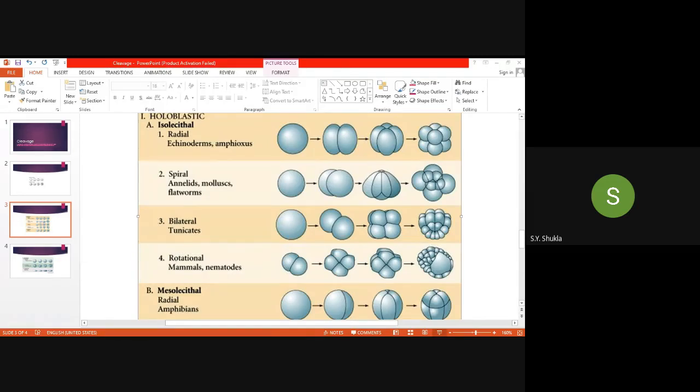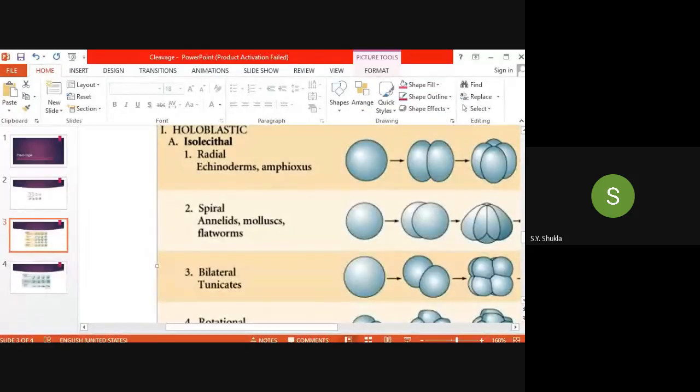In this way the development of the embryo takes place by radial cleavage, but with a moderate amount of yolk, that is mesolecithal yolk, which is generally seen in amphibians like a frog. We are going to discuss this type of cleavage in the egg.